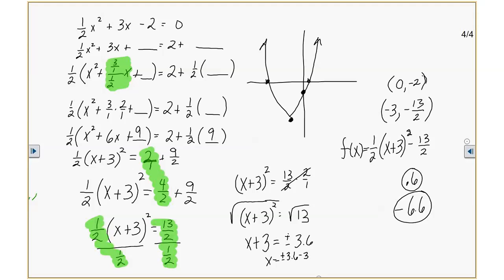They're trying to do it in their head, or they go 1/2 times x squared plus 3x, and they're sitting there like, I don't know how to do 3 divided by 1/2. They haven't written anything down, they're just sitting there. Then they go 1.5. Yeah, 1.5.